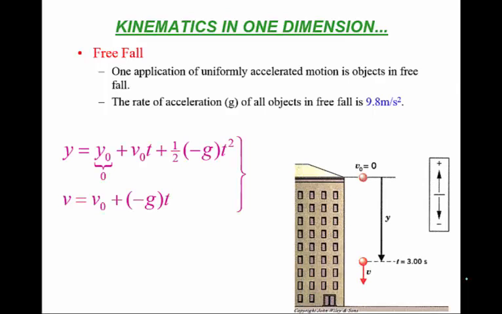The equations of motion for free fall are exactly the same as those that have been introduced earlier for constant acceleration motion. The slight adjustment can be noticed in the position and the acceleration variables.